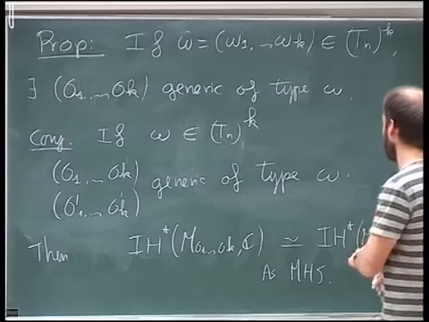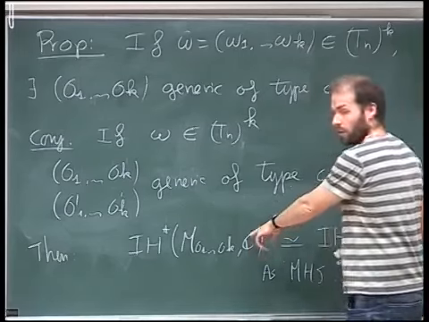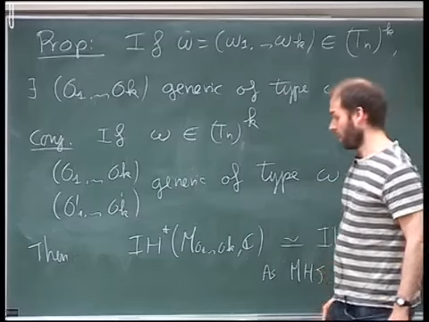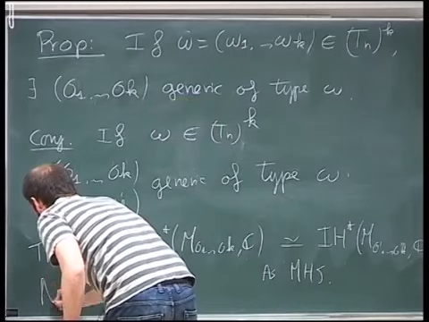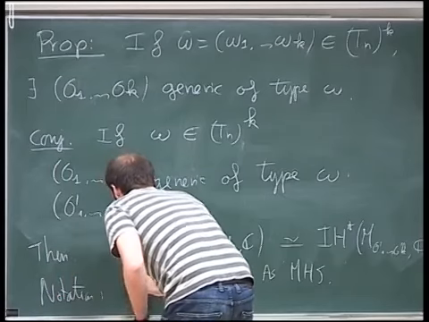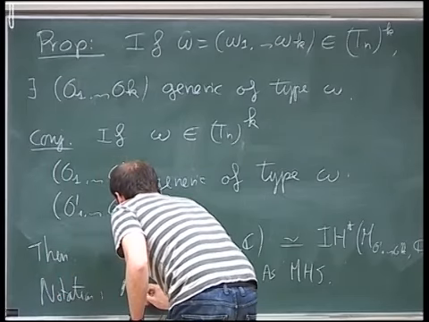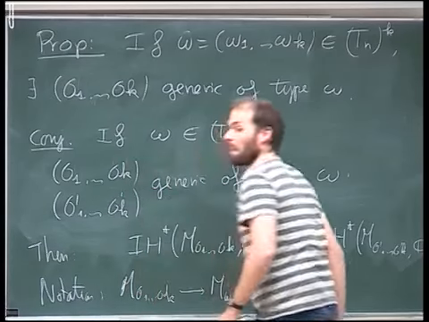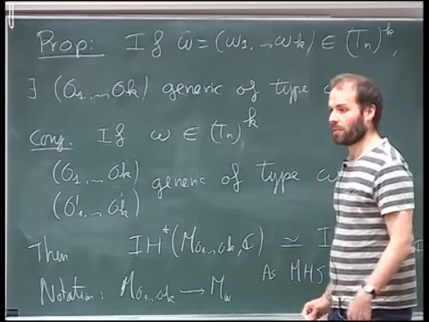Since we will be interested in the various filtrations in this cohomology, we only care about types and not about conjugacy classes. So this justifies the following notation: instead of M_{O_1...O_k}, we will write M_omega, which will be easier as notation.